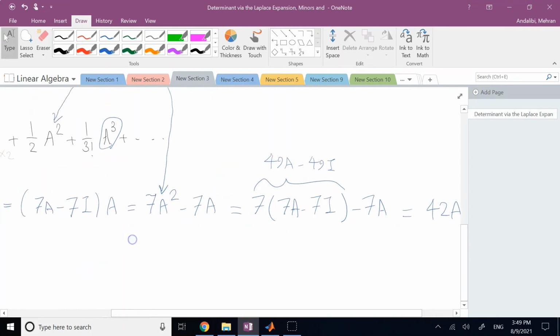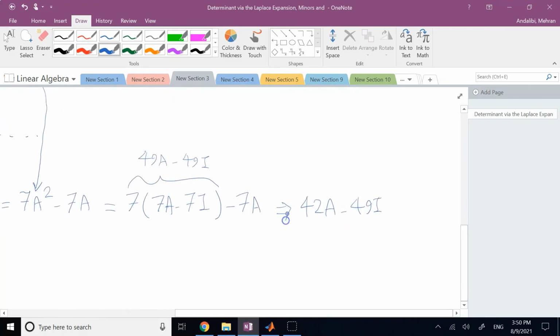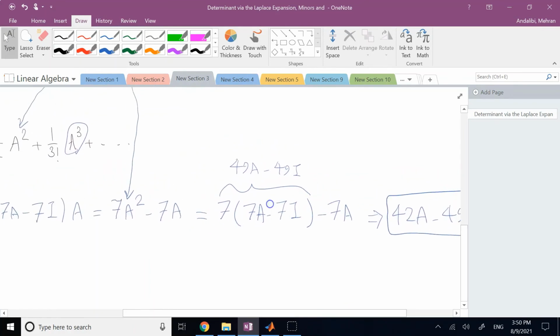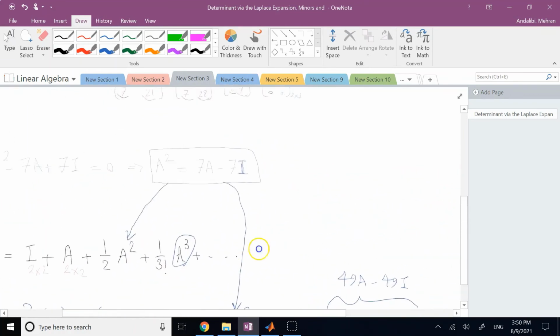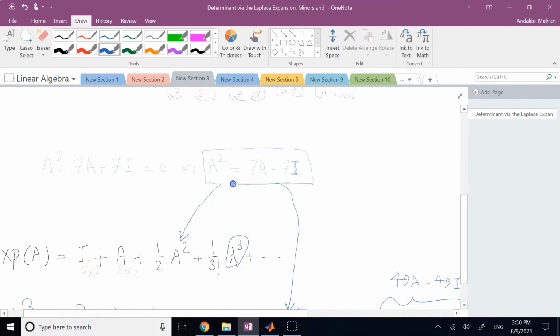So you see, anytime that I have A cubed, I can also write it as a simple number times A plus a simple number times identity. And similarly, I can show you that any other power of A, 2 or bigger than 2, can ultimately be written as what?